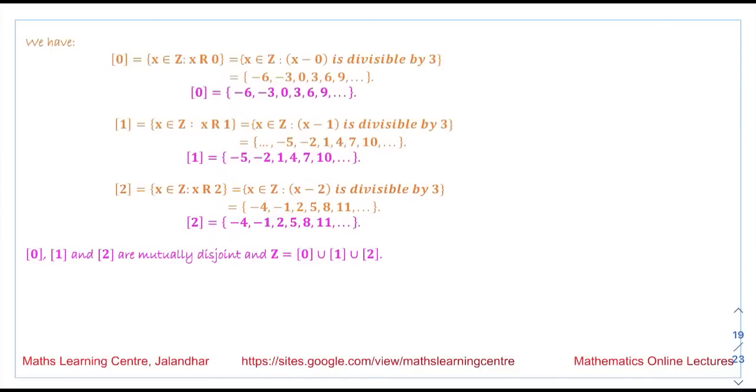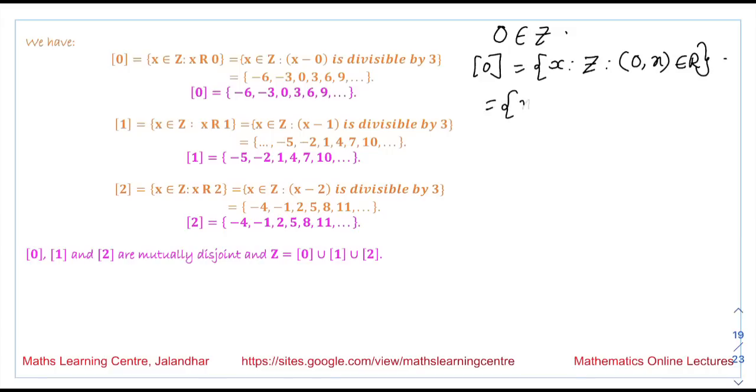Next we have to find the partition of the set of integers using this relation. So we start writing the equivalence classes corresponding to the elements. The first element we are considering is 0. It belongs to Z. So we are writing the equivalence class of 0, which means all those integers x such that 0 and x are related to each other. 0 and x are related means that x minus 0 or 0 minus x should be divisible by 3.